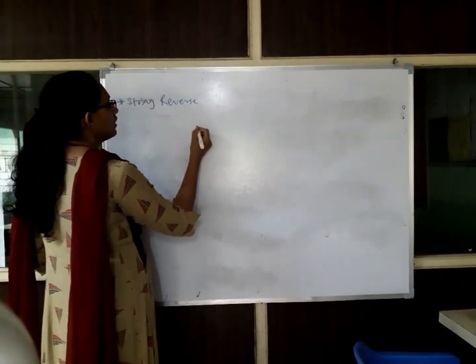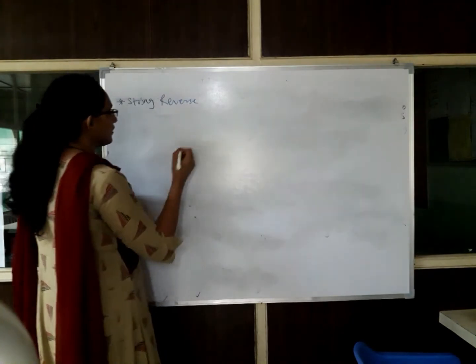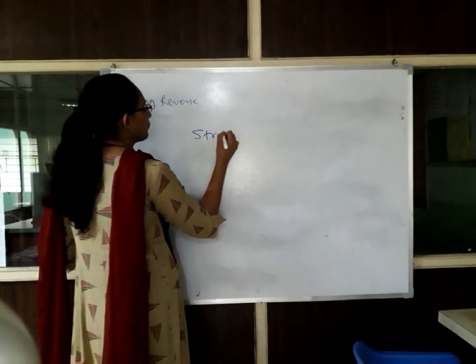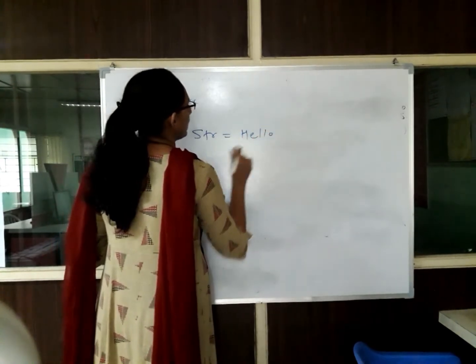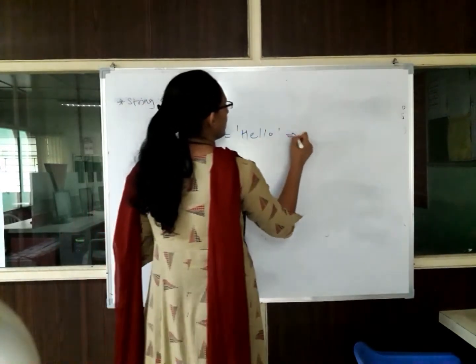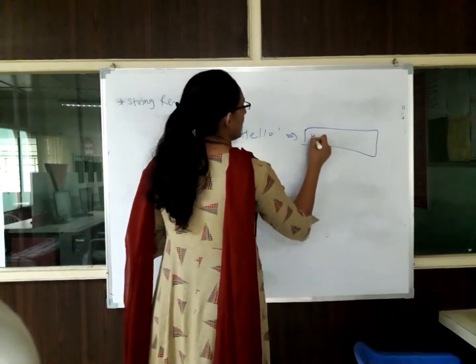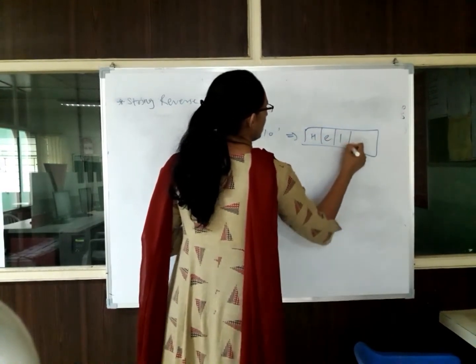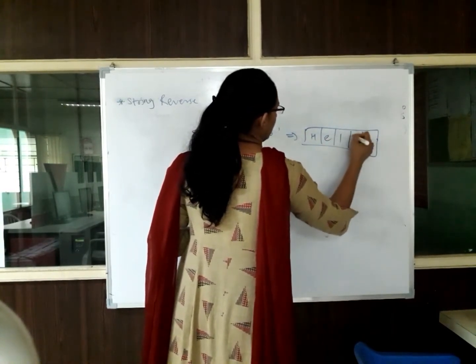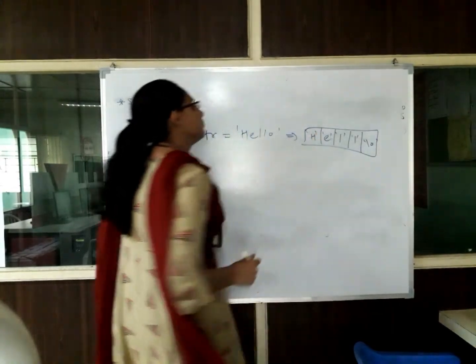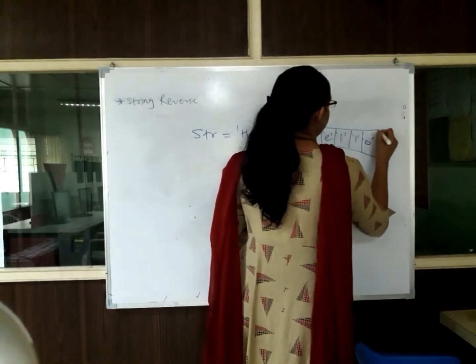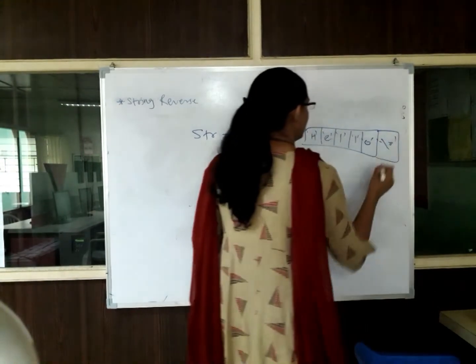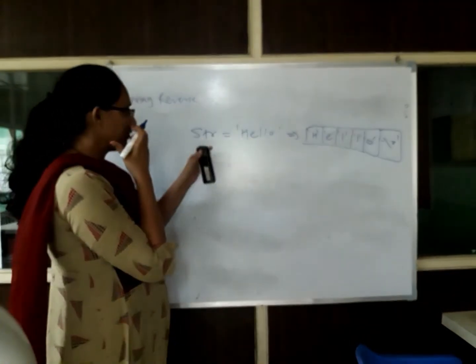Now, without using the library function, how do we reverse the string? First of all, see manually how it can be reversed. String 1 or str contains hello. It is stored in memory as H, E, L, L, and here is O. What will be the reverse of this?